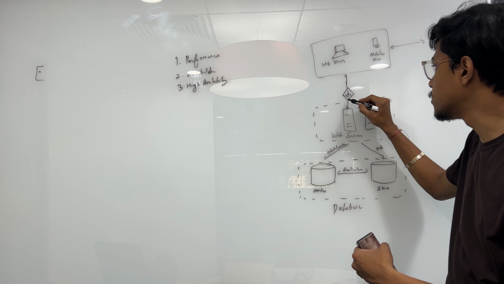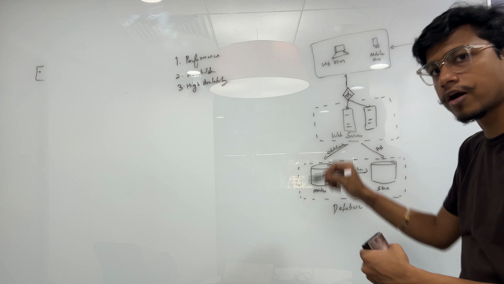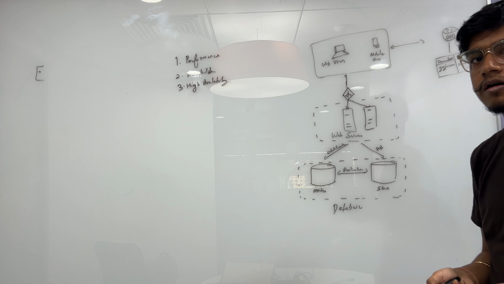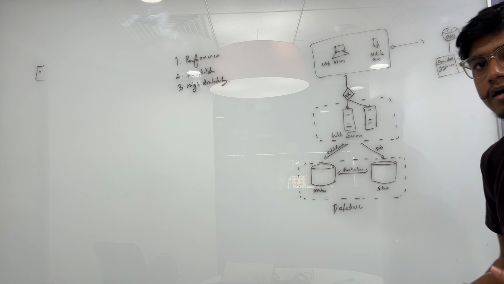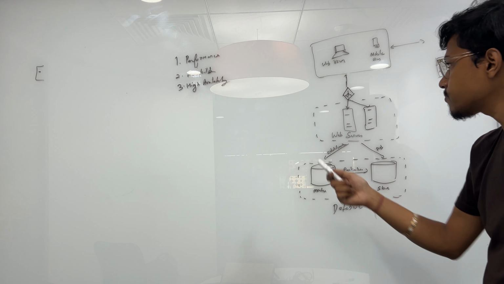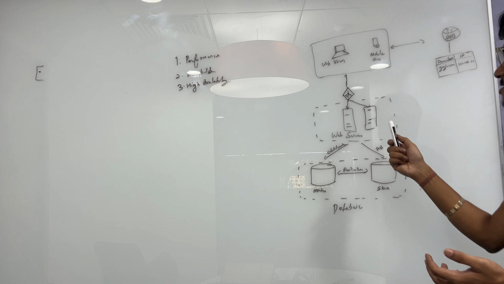So for example, one is this and two is this. Even if we have more, it can route traffic to them. We have multiple algorithms or ways, like round robin and weighted routing, to route the traffic among the servers.